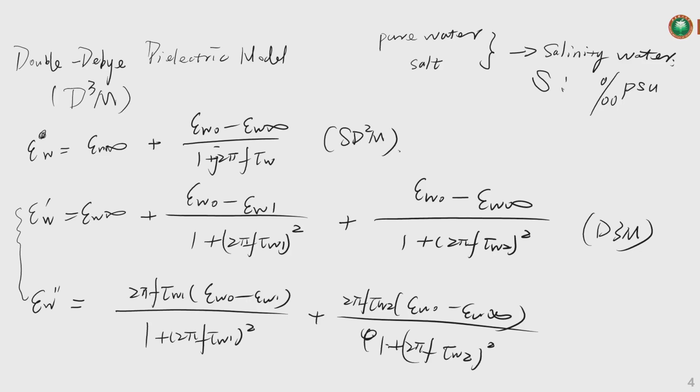So it actually changes from around 0 to 40 per thousand, PSU, practical salinity unit. So if there's salt dissolved inside of the pure water, the solution is going to have conductivity, all right? It will have conductivity sigma divided by 2 pi epsilon naught times f, the frequency.